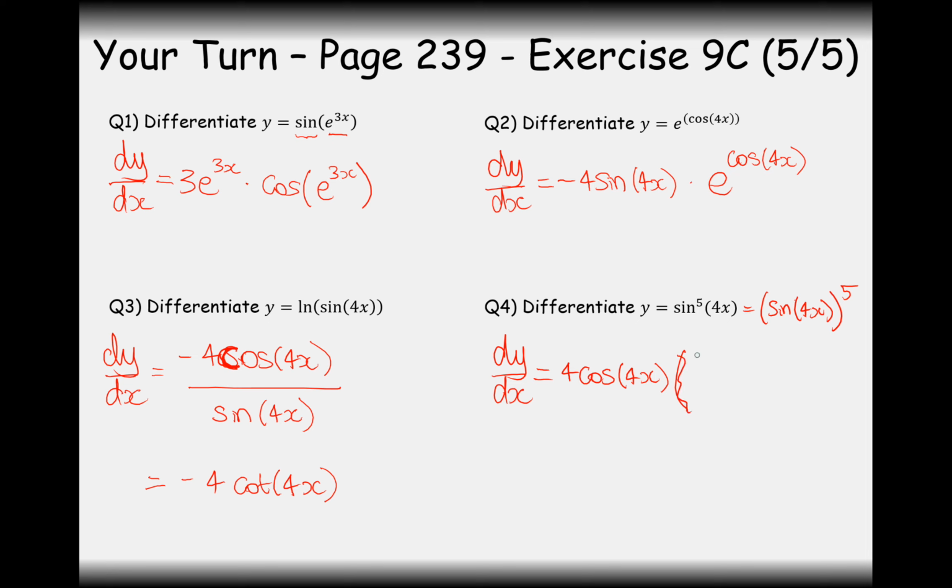So we're going to have 5 brackets sine 4x to the power of 4, so 5x to the 4 being the derivative there. And then simplifying this all together, we're going to get 20 cos 4x sine to the power of 4 of 4x. Okay, differentiate inside first, differentiate outside second.